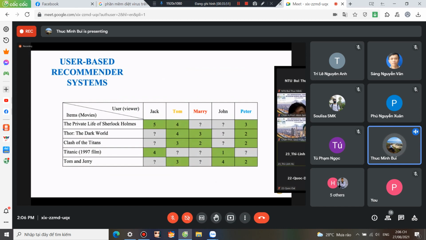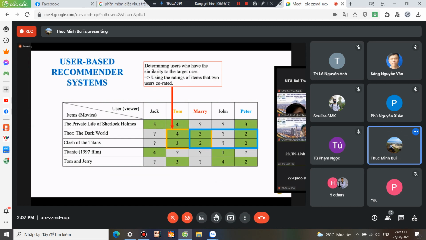For a user-based recommender system, we need to determine users who have similarity to the target user using the ratings of items that the two users both rated. You can see an example on this slide: two users, Tom and Mary, and two users, Mary and Peter.